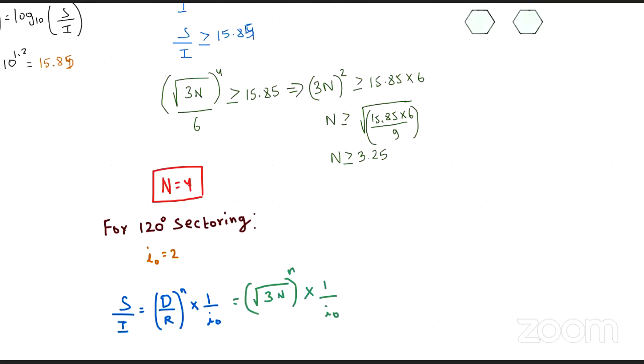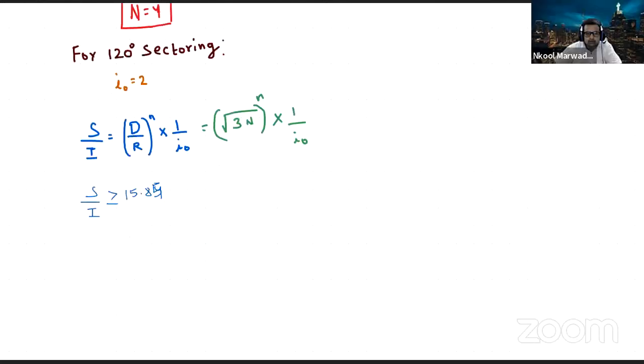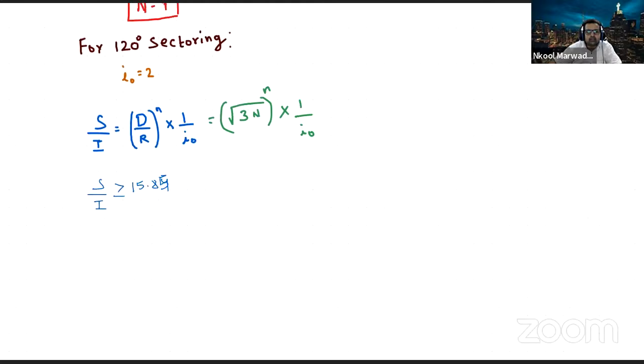See, this S by I greater than 15.85, it has to be the same. Nothing will change. Only the value will change. So S by I: root of 3n to the power of 4 by 2 has to be greater than or equal to 15.85.